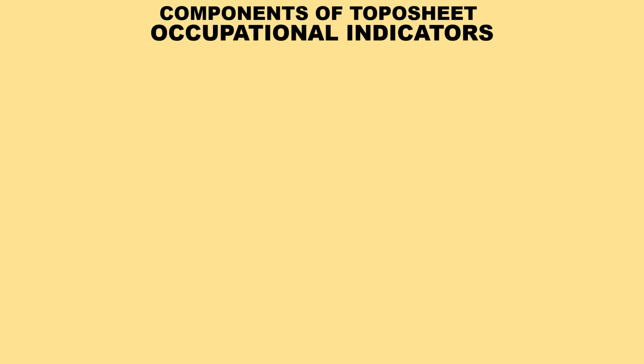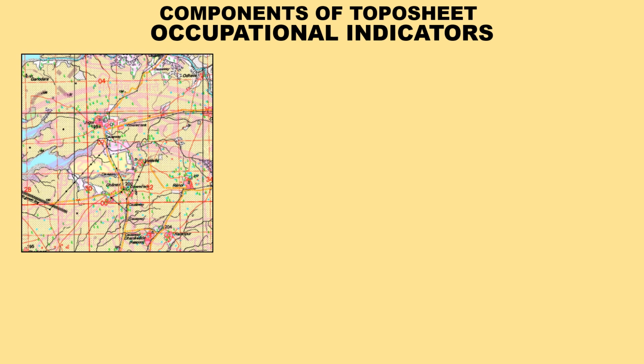Now, how do we get to know which particular occupation is a major practice over a particular region? That we get to know by looking at the dominant color wash of that particular region. Suppose number one, if there is yellow wash over a particular region, that means it represents cultivable land and the major occupation is agriculture.